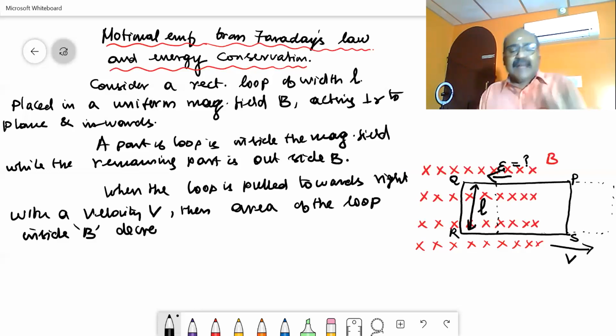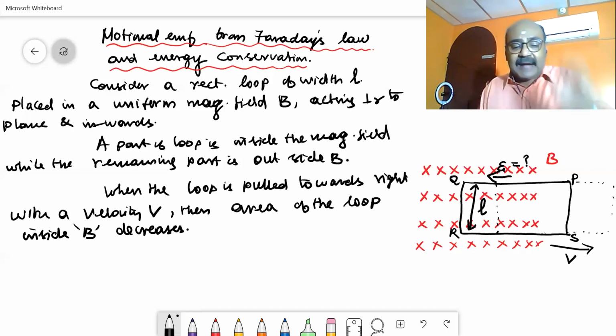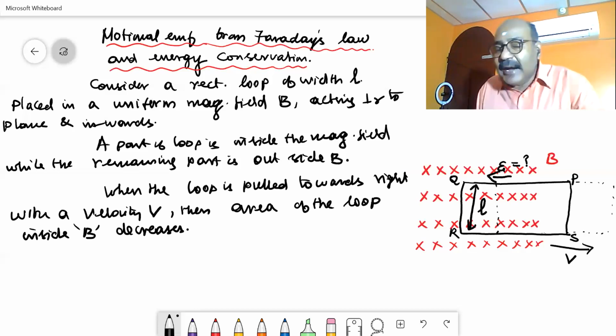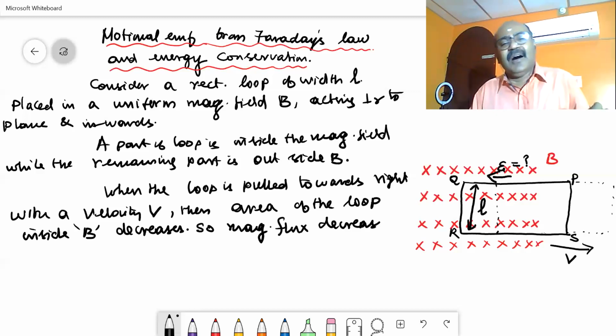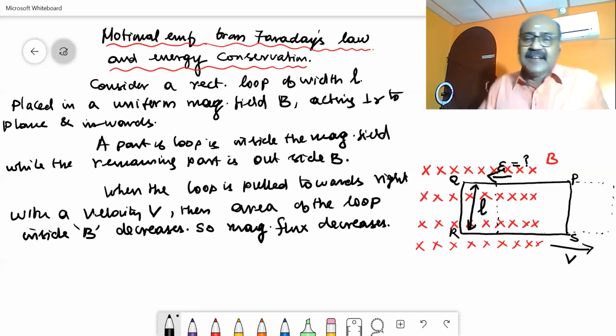So when the area of the loop inside the magnetic field decreases, automatically the magnetic flux linked with the loop decreases.